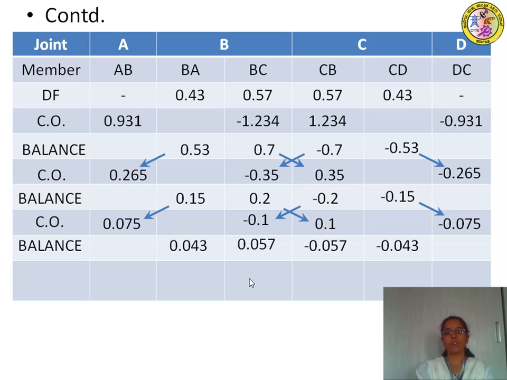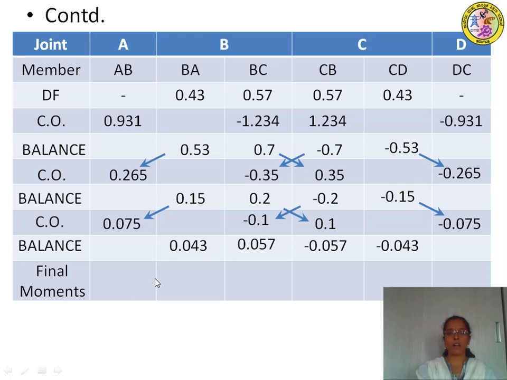We can go for the calculation of final moments. So the final moments are the summation of all the distributed moments from the fixed end moments. We don't have any intermediate totaling at this junction in this problem, so we have to add all the values in each row from fixed end moments.